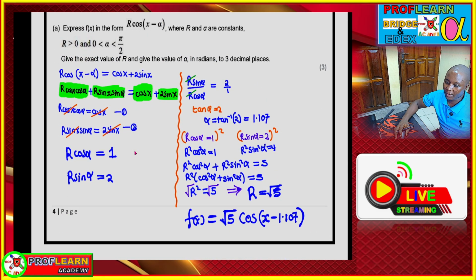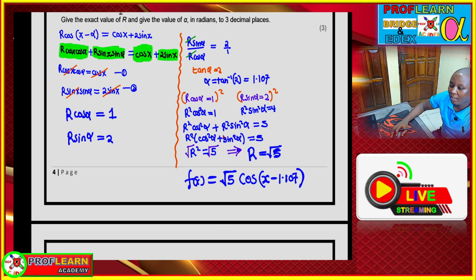For you to find the value of r, you square equation 1 and equation 2 and then add them together. If you square them, you have r squared cos squared alpha equals 1, and r squared sin squared alpha equals 4, because this was 2, so you square both sides. Then if you add the two equations, you get 5.